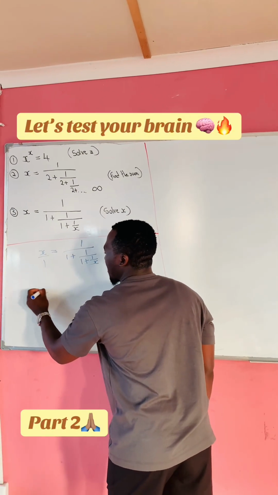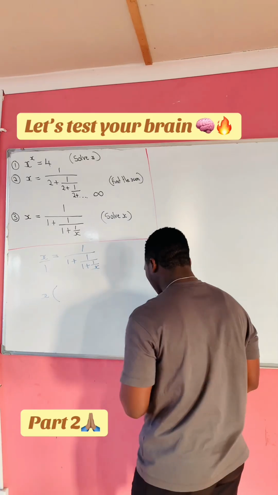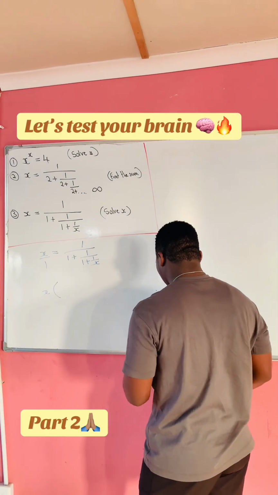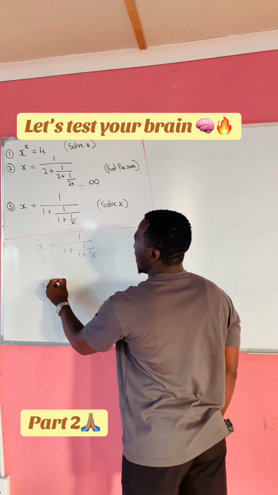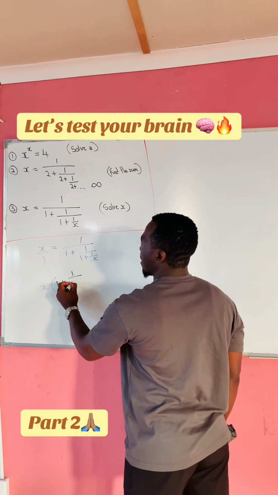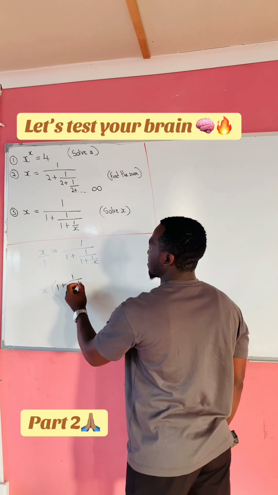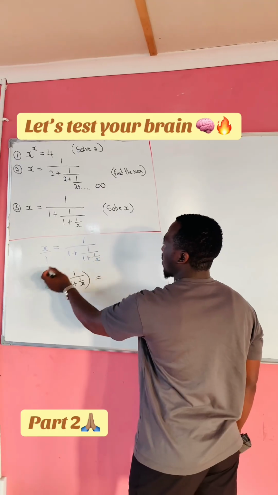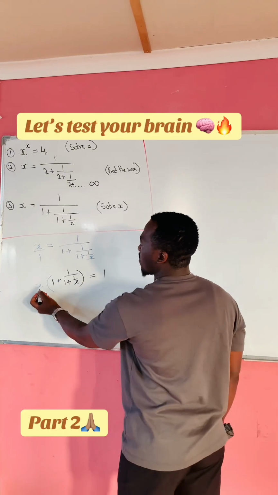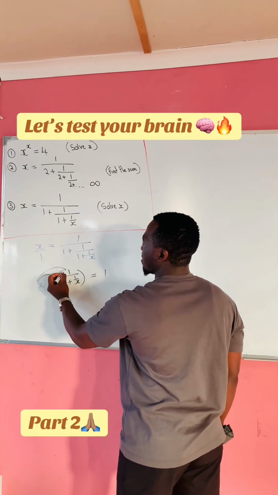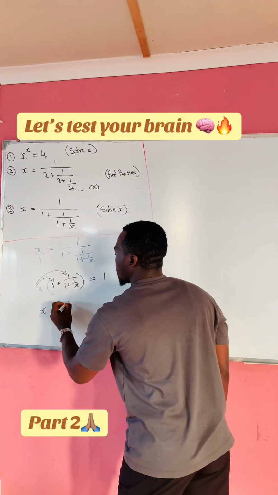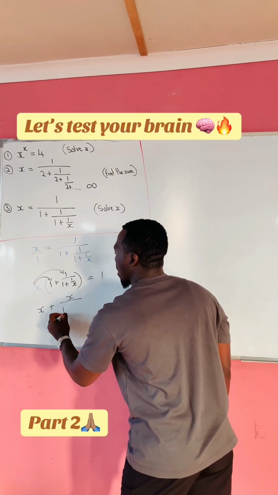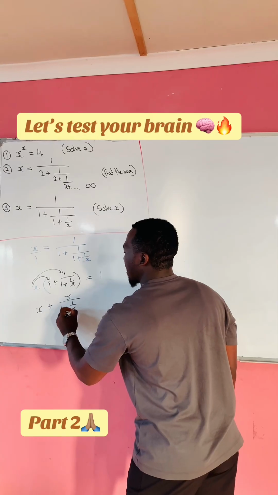So we're going to have x into, let me use a different color. Yeah, we're just gonna have x into 1 plus 1 over 1 plus 1 over x, which is equal to that 1 times 1. So now we remember we need to multiply this and this, multiply this and this. So now we're going to get x plus x over 1 plus 1 over x.